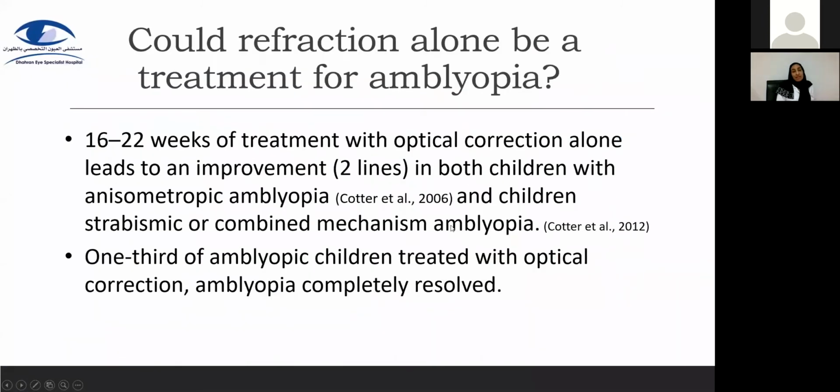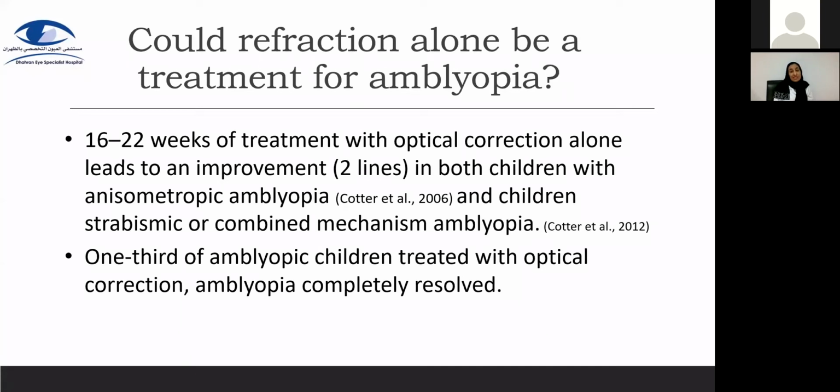Now, could refraction alone be a treatment of amblyopia? Yes. Usually when patients come to the clinic, I would give the children the full correction, or, if it is high, I would reduce it by 2 diopters. And then I would follow those patients after 3 months and see if there is any improvement of vision.